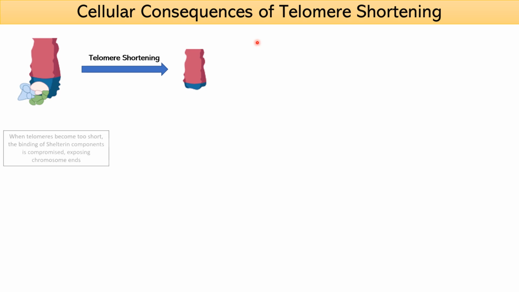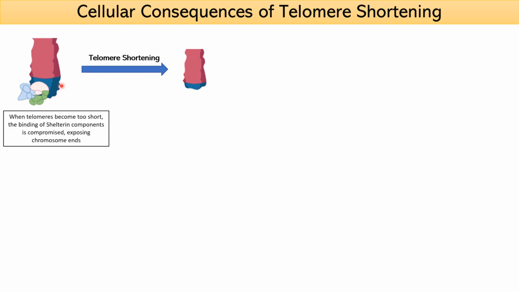So now let's have a look at the consequences of this telomere shortening that occurs after DNA replication. The first thing is that usually after several cell divisions, the telomere will become shortened like that.